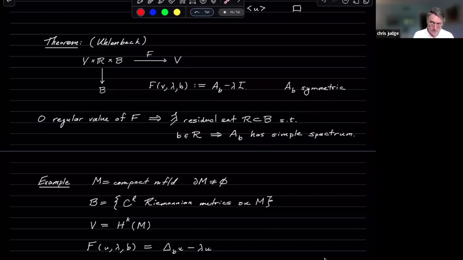It's important that in Uhlenbeck's example, this is one of her primary examples, she takes Laplacians on a compact manifold. Let's suppose there's no boundary. You can do things with boundary, but let's suppose that. And let's look at all C^L metrics. So L is some number, maybe 2 or something.